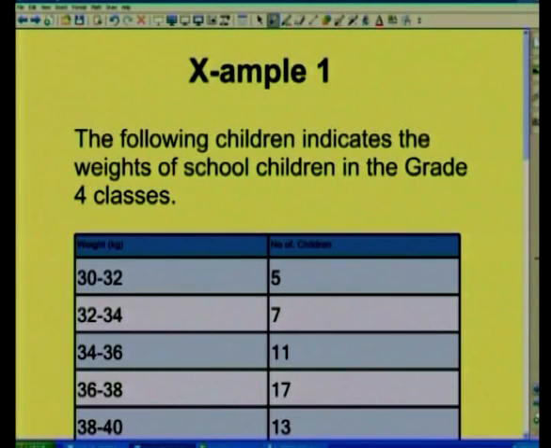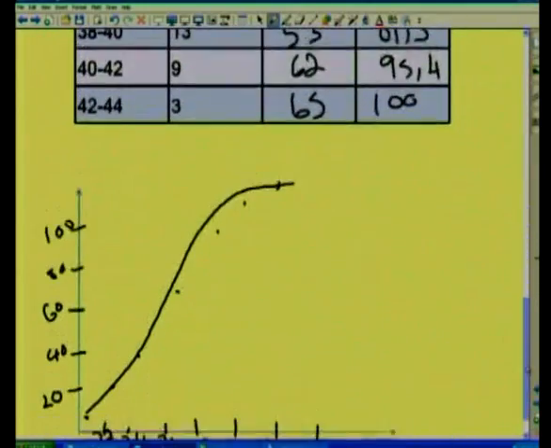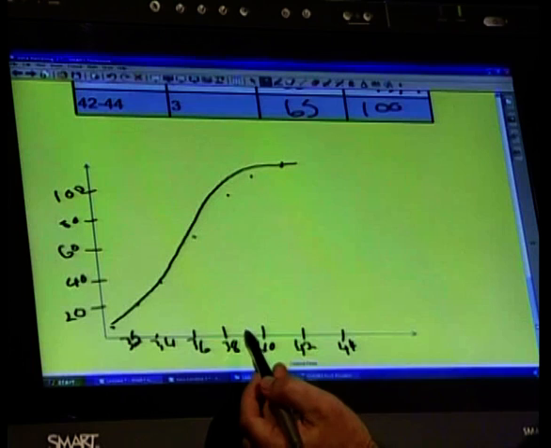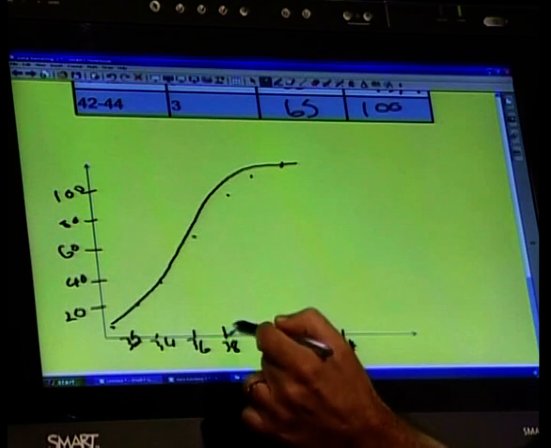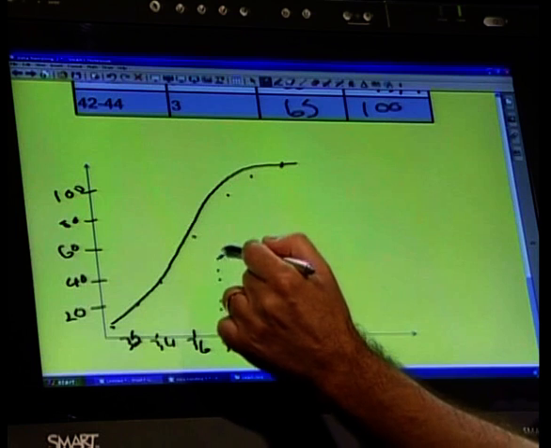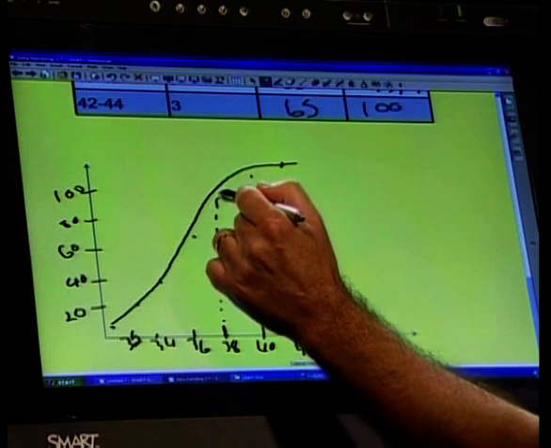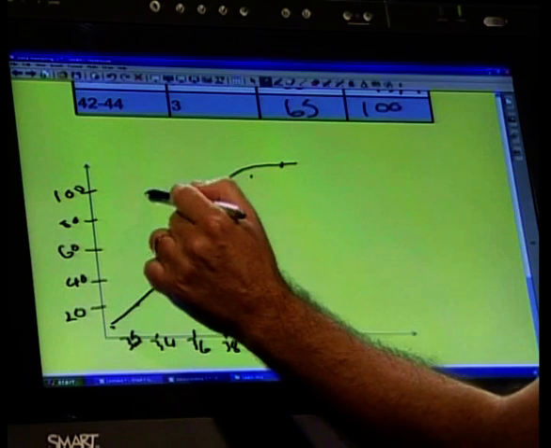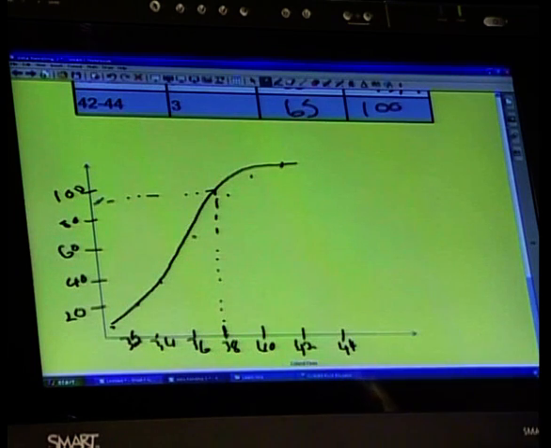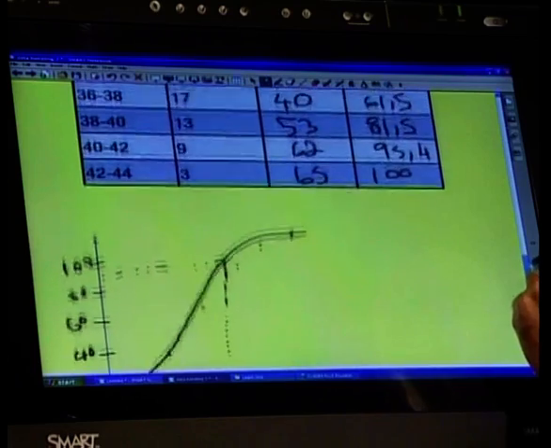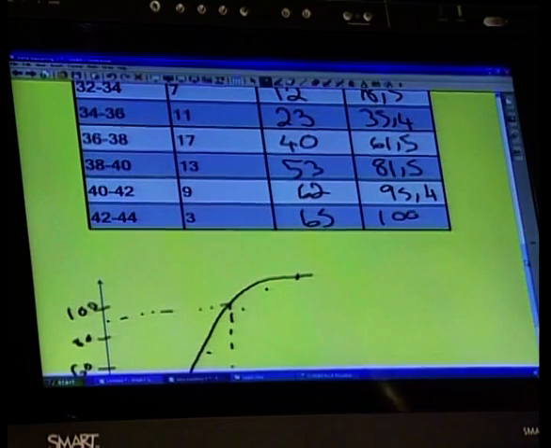Well, looking at my plot, 38 kilograms is here. If I take a line up and go across, I'm going to say about 90%. Again, the accuracy of my diagram hasn't been that great when I'm drawing, but you will be given graph paper to make sure that you can do an accurate representation.